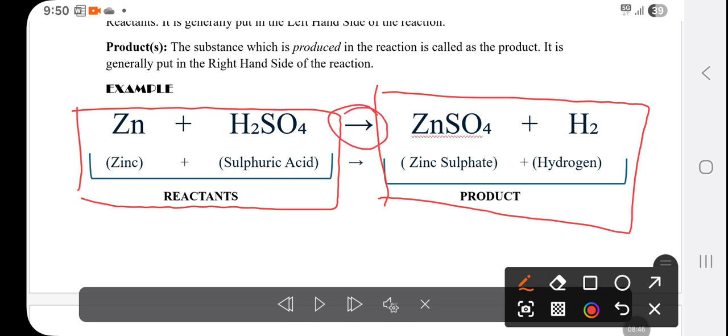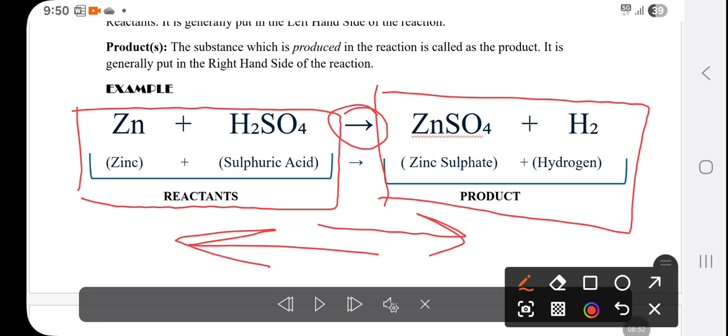And this is the arrow that shows where the reaction is going. If it is like this, this side is the reactant and this side is the product, and if it is the other way, this side is the product and this side is the reactant. It shows which is the reactant and the product and how the reaction goes.